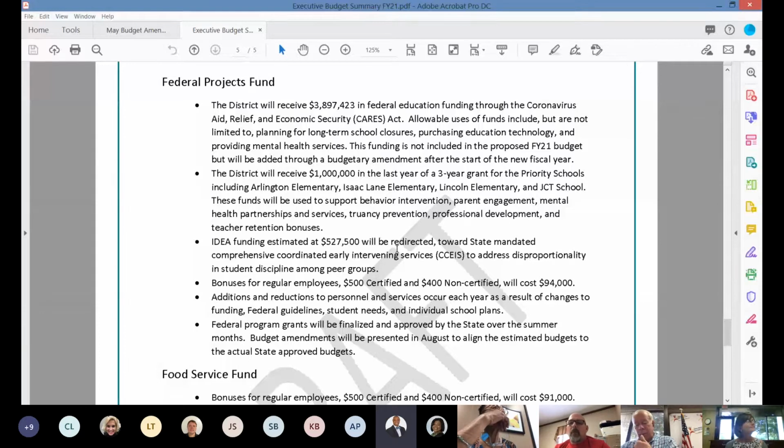You just included the CARE stimulus money as a total, right? The dollars we received, and I guess you listed the allowable use of the funds, right? I did. I put a note on the summary regarding this grant.